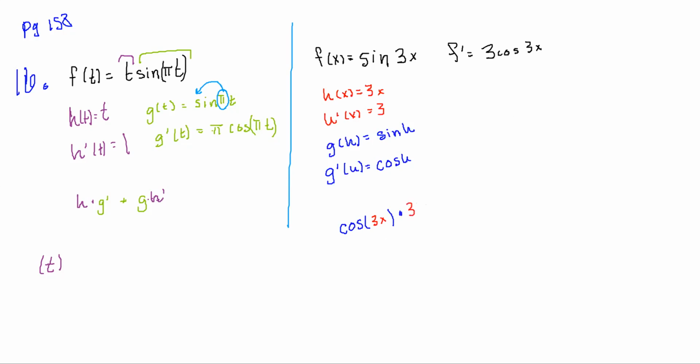So the answer is going to be 3 cos 3x. Did that make sense? That was just chain rule? Done at a very strange angle for some reason. Okay. The simple way of approaching this is you can just bump this thing out.